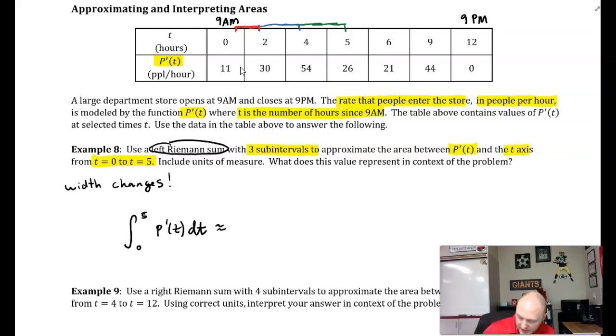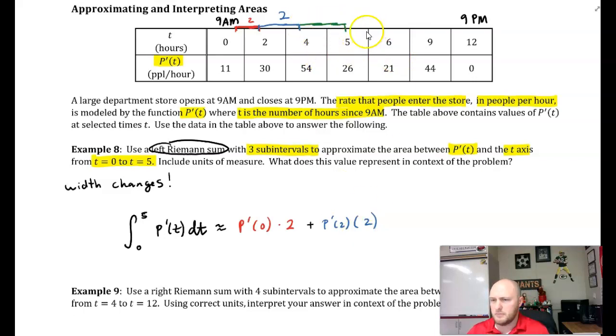Okay, so I have p prime of 0, that's my height, and the width is 2, plus p prime of 2 times 2 also, the distance here from 2 to 4 is 2. And then lastly, the width from 4 to 5 is 1. So I'm going to add the height, p prime of 4, times the width, which is 1.